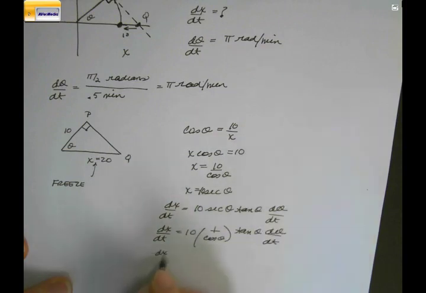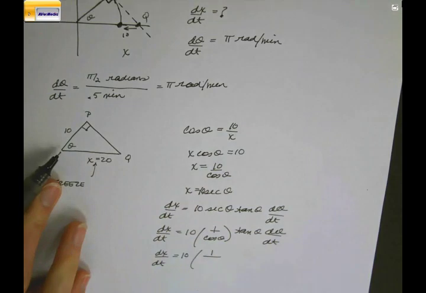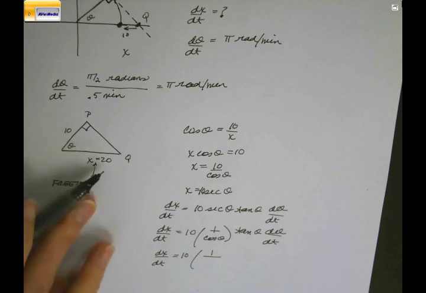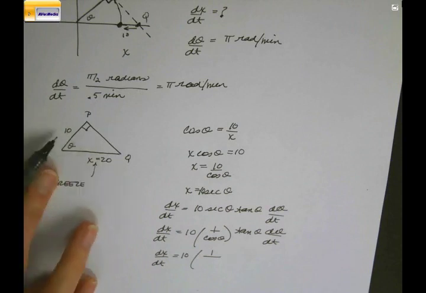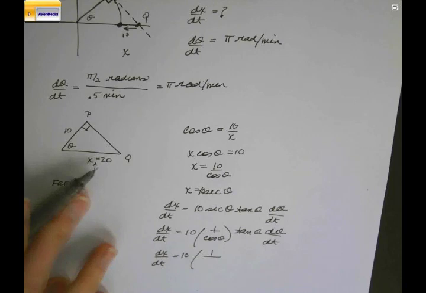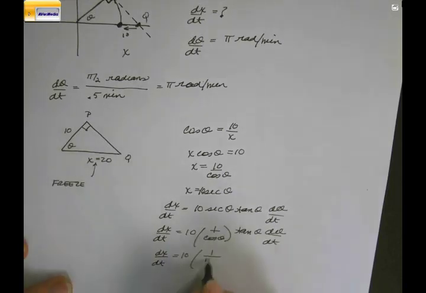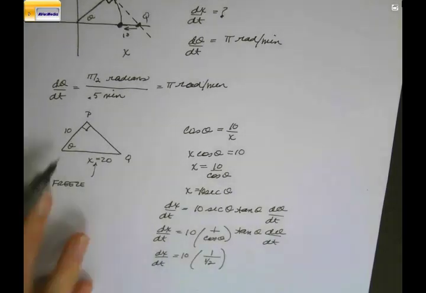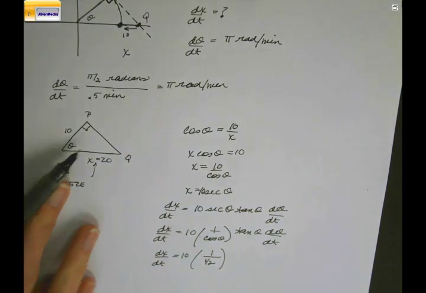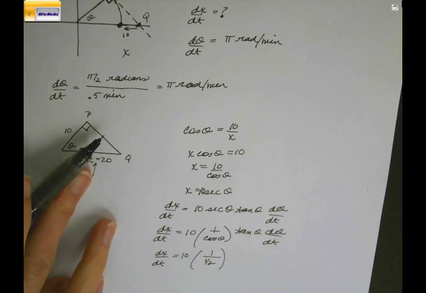So this is 1 over, what is cosine theta? 10 over 20, adjacent over hypotenuse, 10 over 20, which is a half. So this is 1 over a half. Tangent theta is opposite over adjacent. Oh, crud. That's opposite over there, right? There's no number sitting there.